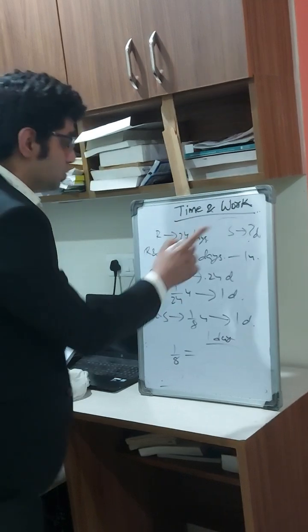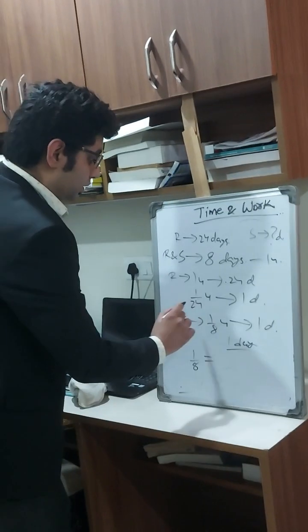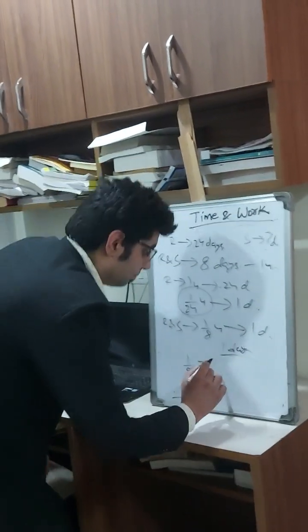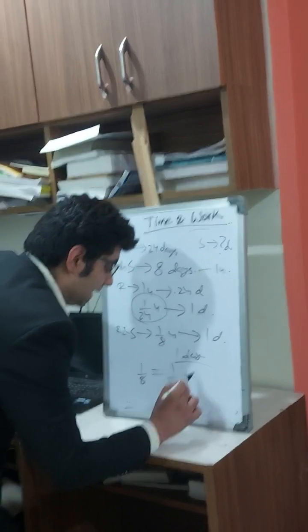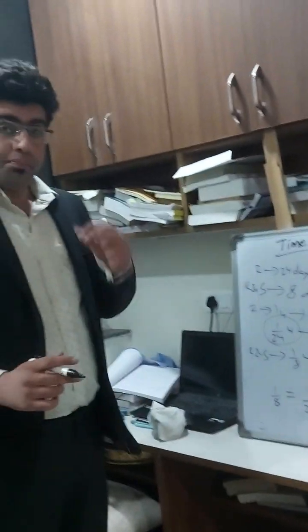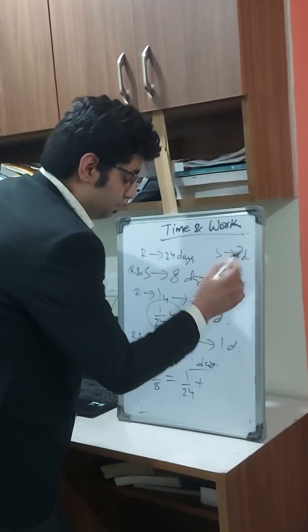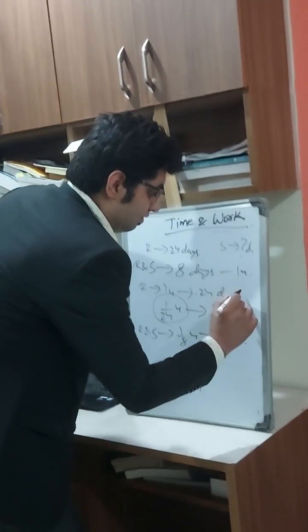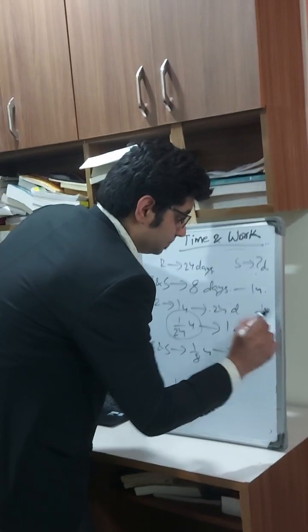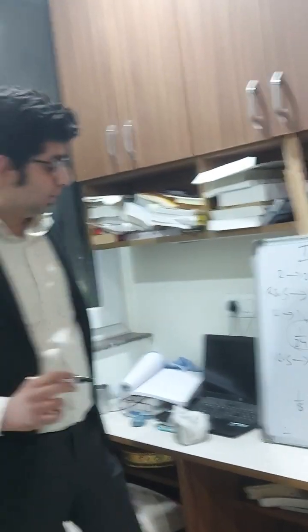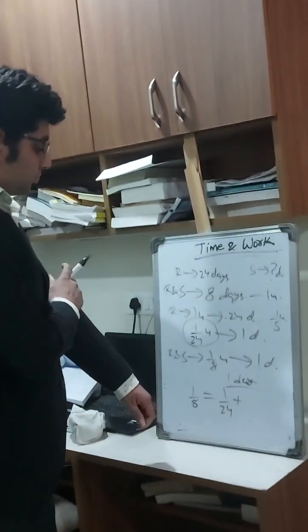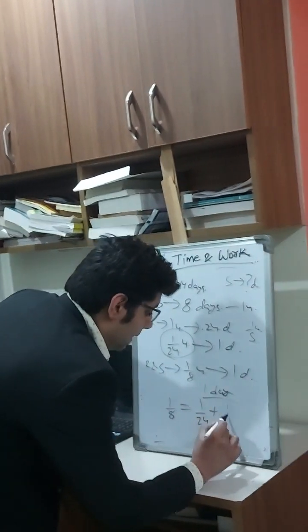Ram's individual work was 1 by 24 unit in one day. So 1 by 24. Let Sham take S days. So if Sham takes S days to do the piece of work, in one day he will do 1 by S unit. Right? So 1 by S.